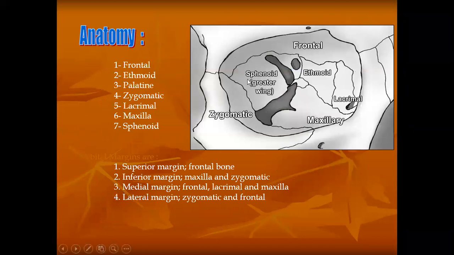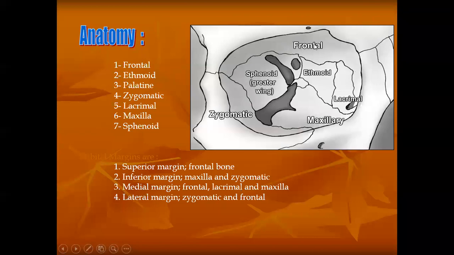This is a schematic picture. It is showing you some of the bones around the orbit. You can see that in the floor there is the maxillary bone. Medially, you can see the lacrimal bone, the ethmoid bone, and a part of the frontal bone.